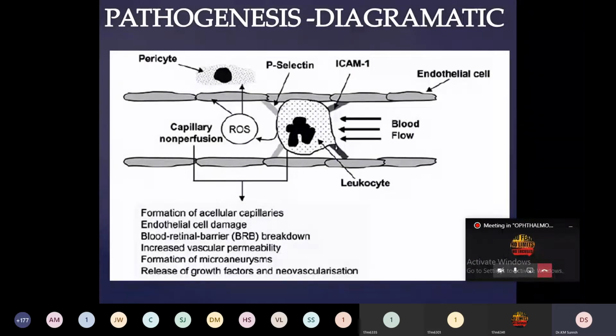This is a diagrammatic representation of the pathogenesis of what happens in diabetic retinopathy. So you must remember that loss of pericytes is the first pathological change that occurs.